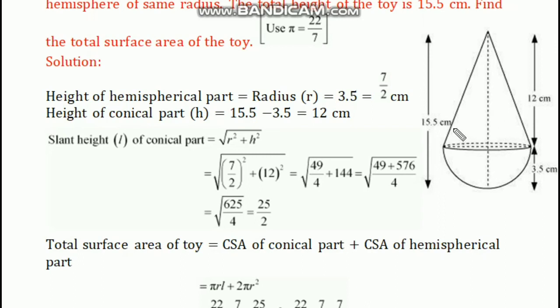The total surface area means the curved surface area of cone and curved surface area of hemisphere. The base of the cone and the top of the hemisphere, you should not consider. So keep in your mind: find the curved surface area of cone and curved surface area of hemisphere.